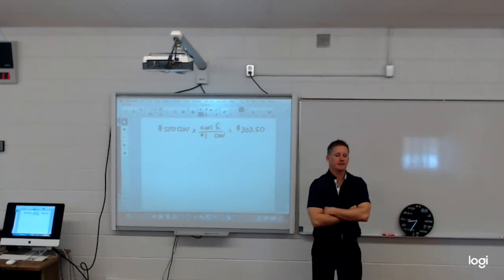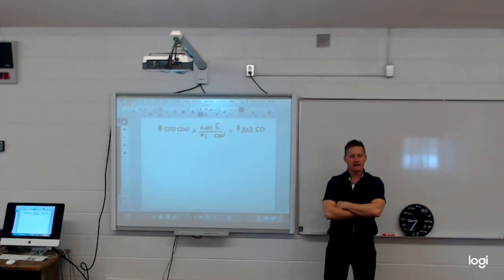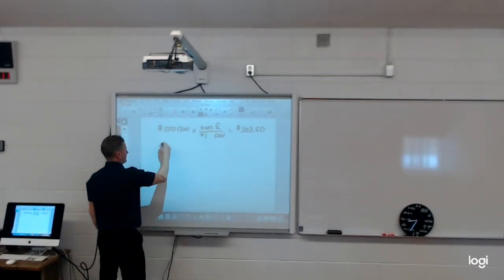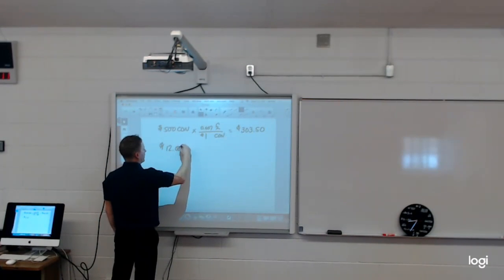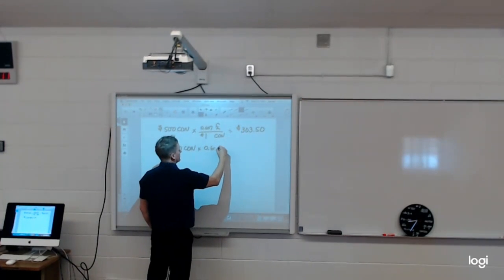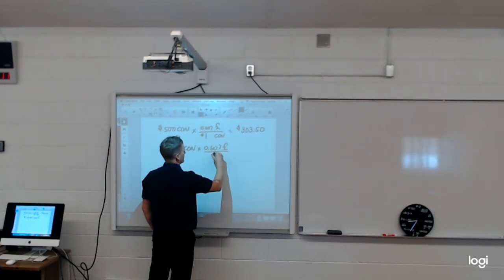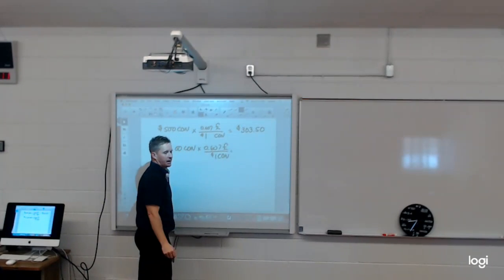Okay, so $1 Canadian is 0.607 pounds, right? Let's do it like this. If I paid 12 Canadian and exchanged it to pounds, what would it cost in pounds?